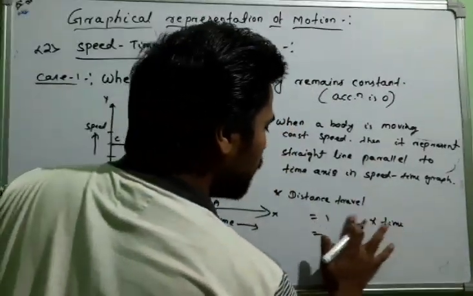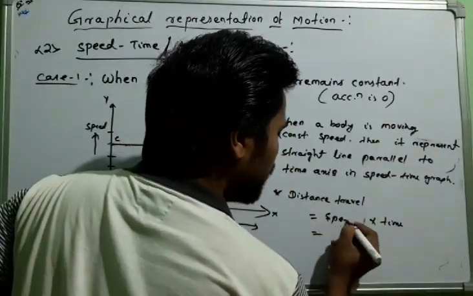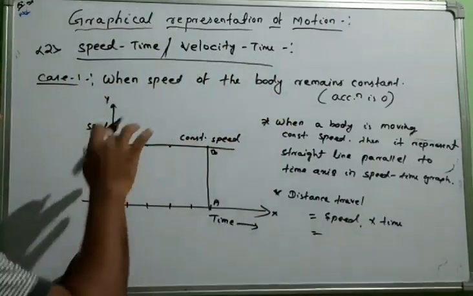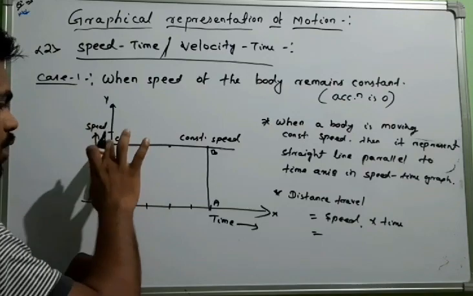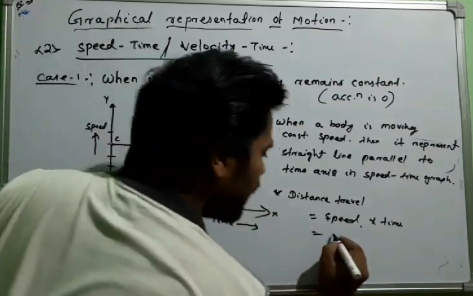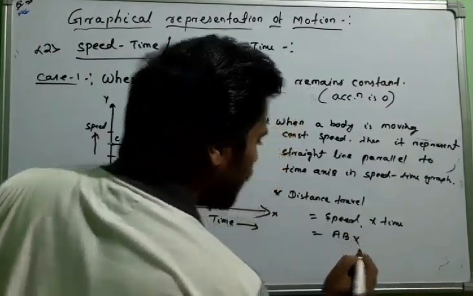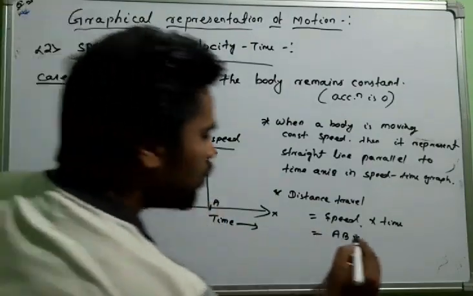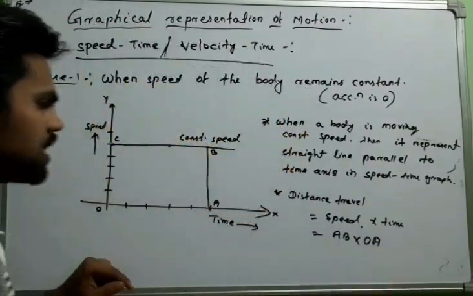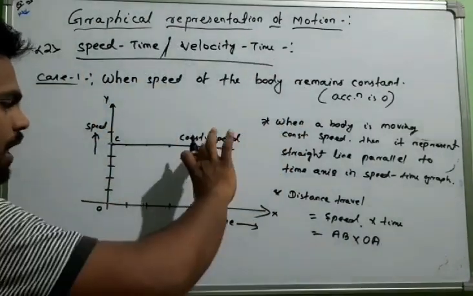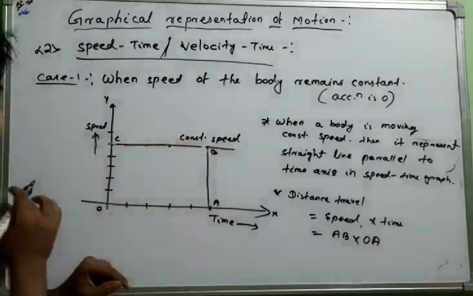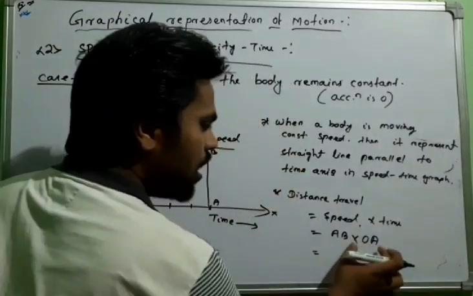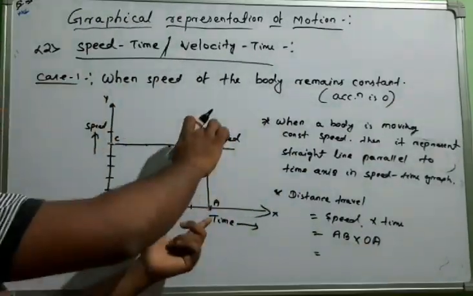So how much speed is here? Speed here is OC, and OC is equal to AB. I can write AB instead of speed. Time is O to A, that is OA. So AB into OA is the area of the rectangle OABC, because this is length into breadth.